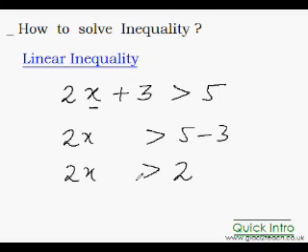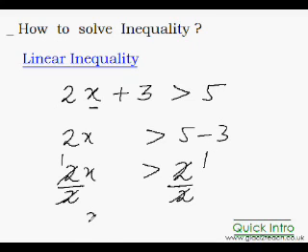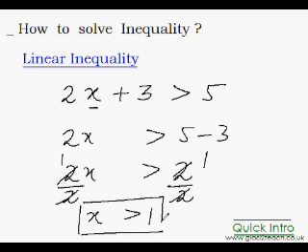Now divide both the sides by 2 to get rid of this 2. So I'll divide this side by 2 and I also divide this side by 2. So this thing goes away, isn't it? 2 1 times is 2 and this is 2 1 times is 2. So what do we have here? X is greater than 1. That's your answer. That's your solution.